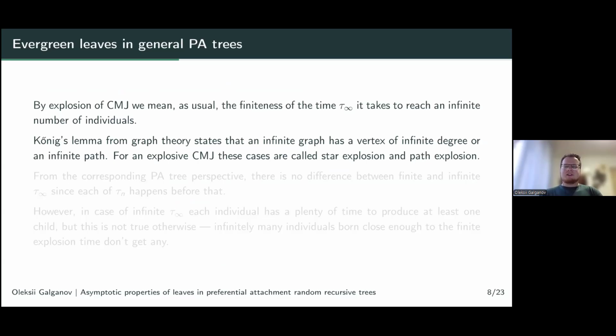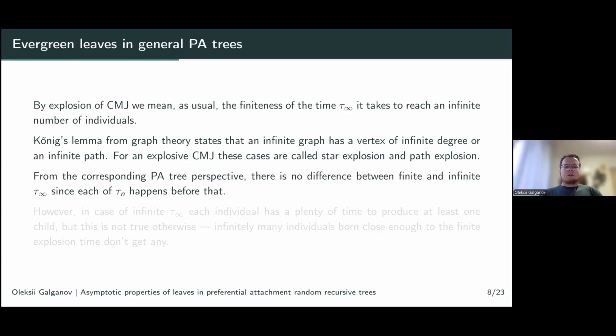Star, because there's an individual with infinitely many children, and path explosion is because we have an infinitely long lineage of parents and children that appeared in finite time.